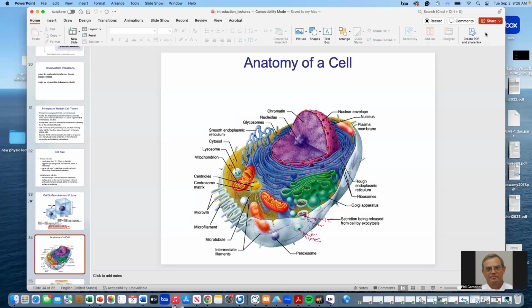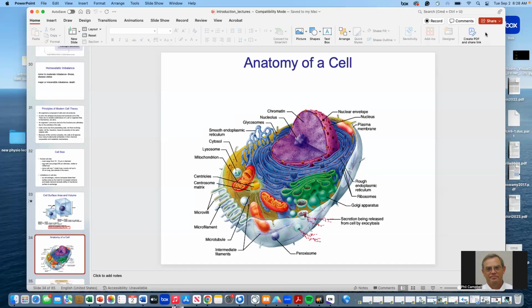The first thing you have to notice, and I want to denote a couple of things. First is that the outer aspect or the membrane of the cell forms the primary boundary that separates the cell from everything else. Okay? So that separates what's inside and what's outside the cell.